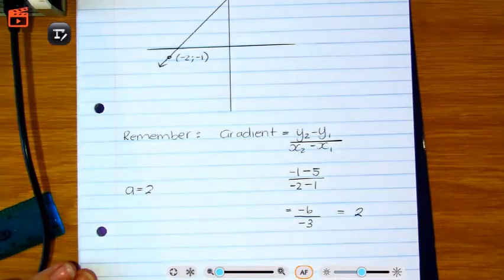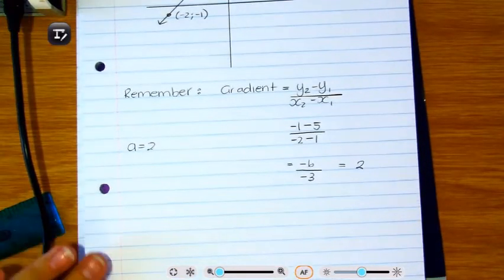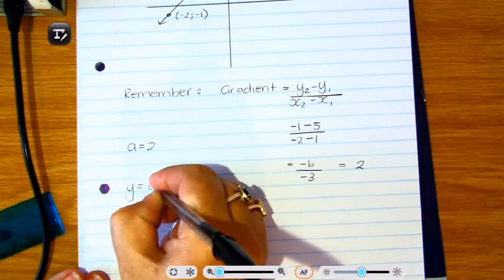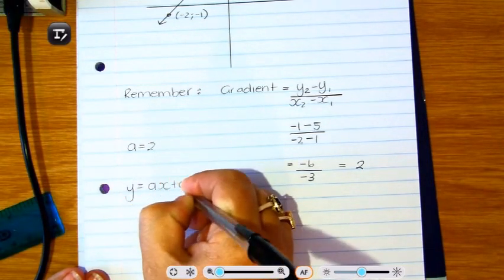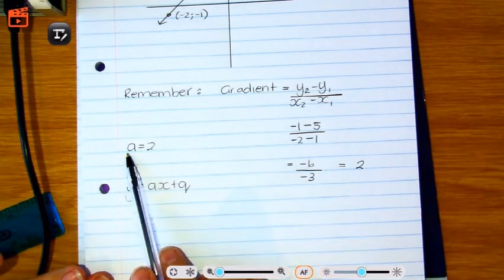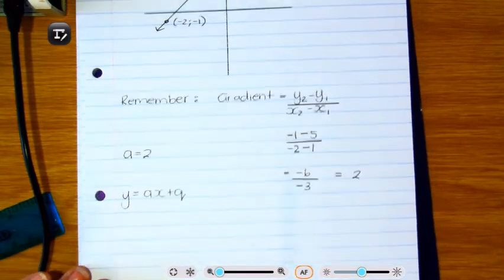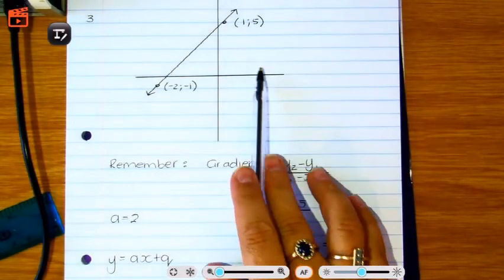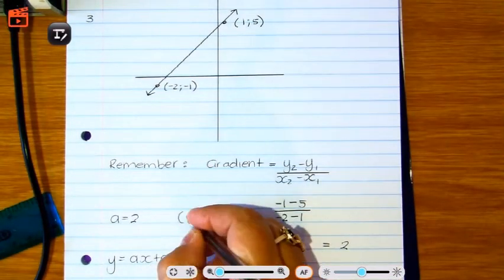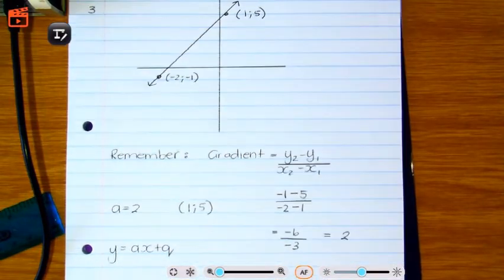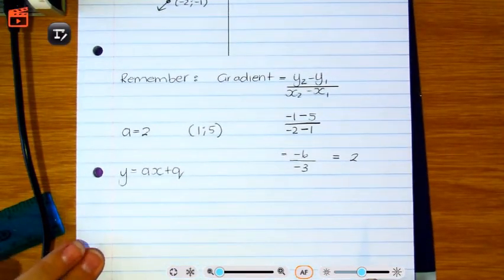Okay, so now if I go into my straight line formula, y = ax + q, I've got the a, which is my gradient, and now I just need to use any one of the other 2 points. I'm going to use the positive one, so (1; 5). It's just easier for me than working with negatives. And then I'm going to do exactly the same as the second example.